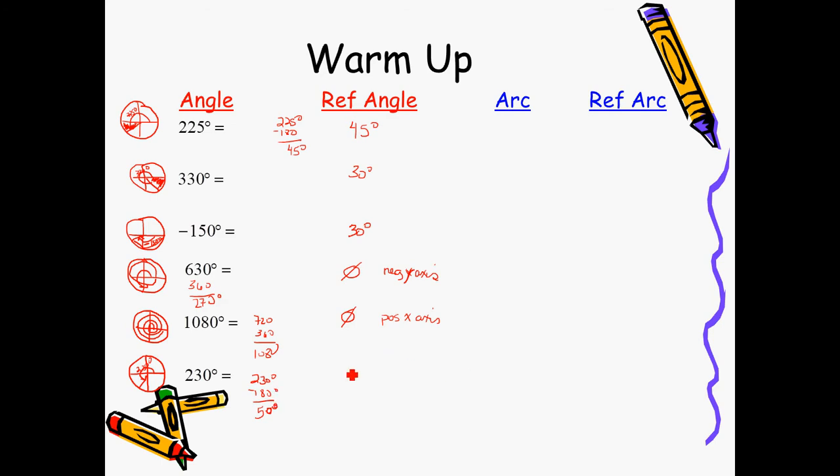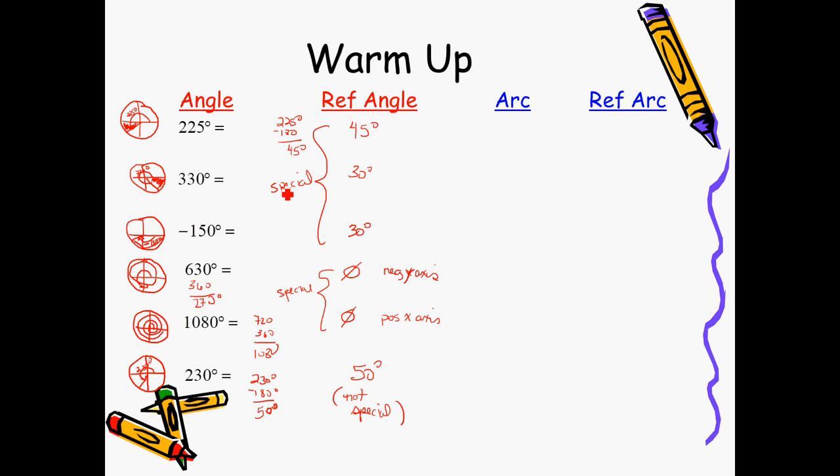So the reference angle is 50 degrees. This is not one of our special angles, is it? Boundaries are special. 30, 60, 90, or any multiples, 30, 60, 90, 45s, or multiples of those are special.